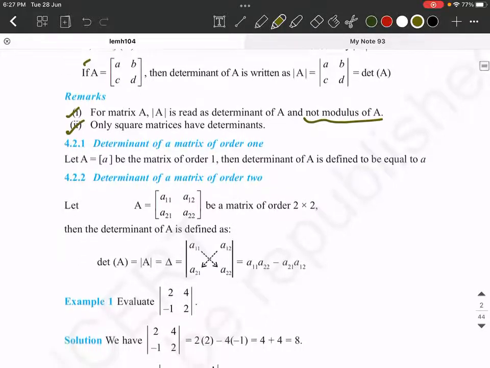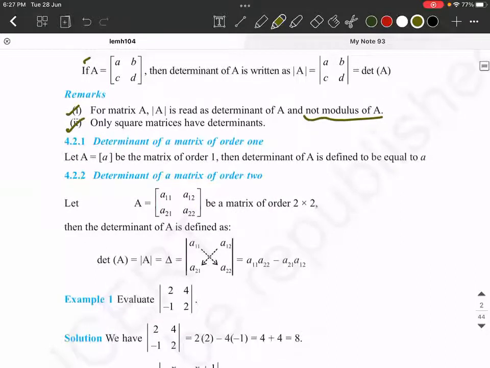If I take a matrix of order 1, order 1 means only one element. So what is the determinant of that one element? The element itself. Determinant of a square matrix of order 1 is the element itself. Is it clear? That is the first point. So if A is a matrix of order 1, the determinant of A is defined equal to a, which is the element.